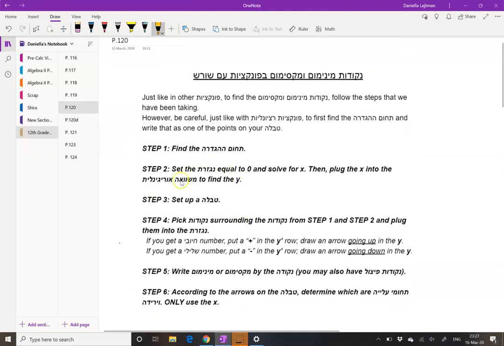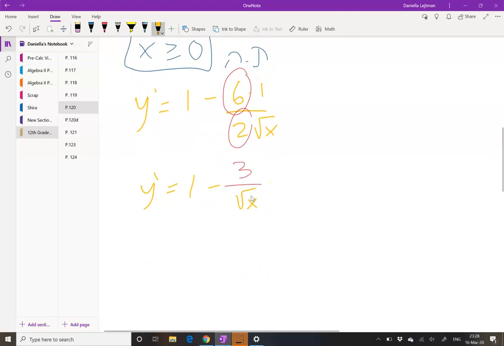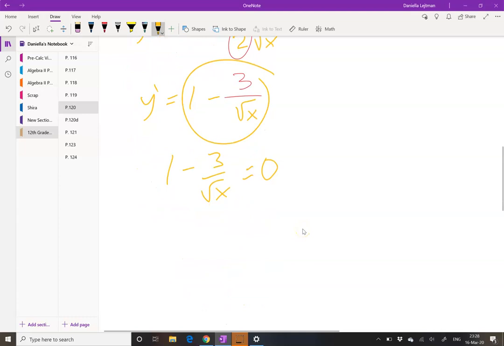Now going back up here, we set the נגזרת equal to 0 and solve for x. So we have to set this over here equal to 0 and solve for x. 1 minus 3 over שורש x equals 0. Now, how are we going to do this? This is what we're always going to do. We're going to get the שבר by itself. So in this case, we have to subtract 1 from both sides. So we have minus 3 over שורש x equals minus 1.